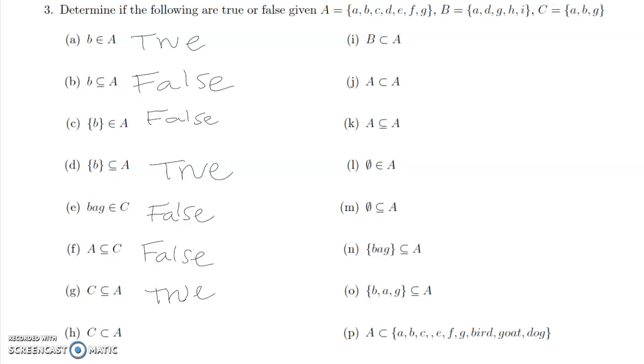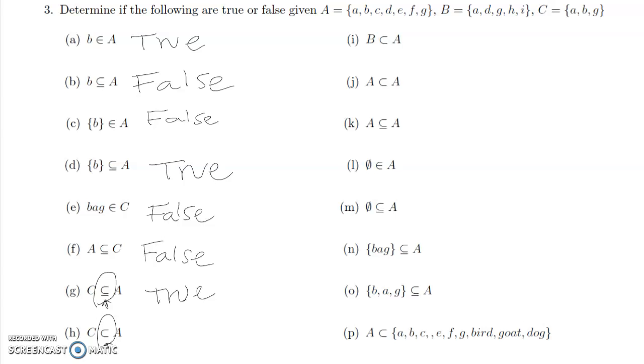Now another question then. Remember the slight difference between this symbol and this symbol. Notice this one has that bar underneath and this one does not. Remember the one with the bar underneath, we kind of think it means is a subset of, and the other one means is a proper subset of. The one with the bar means it's okay to be equal.